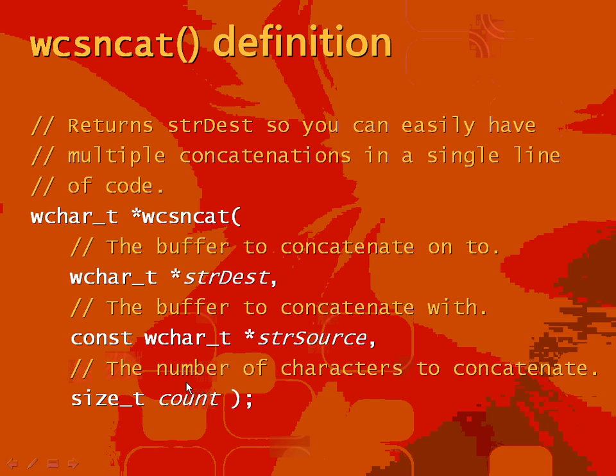And then it takes a count, which is the number of characters to concatenate. To make life easier for developers, this method also returns a pointer to the destination buffer itself, so that you can chain the calls in code to save space. Of course, you'll want to be super careful whenever doing anything like that, because it's very easy to make accidental mistakes and inadvertently cause buffer overruns that could occur in different ways than expected.